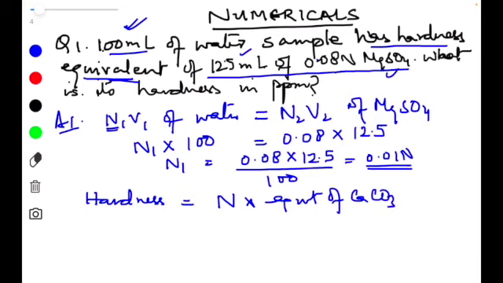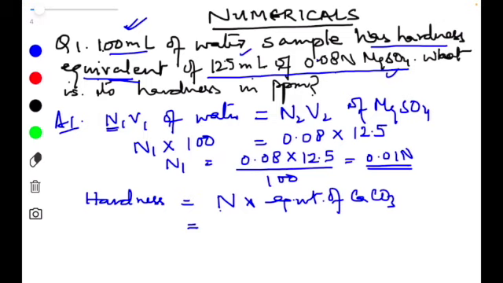Why only the equivalent weight of calcium carbonate, and why am I not dividing it by the equivalent weight of the salt? Because here I have normality, and normality considers the equivalent weight of salt. Already it is there in the normality.